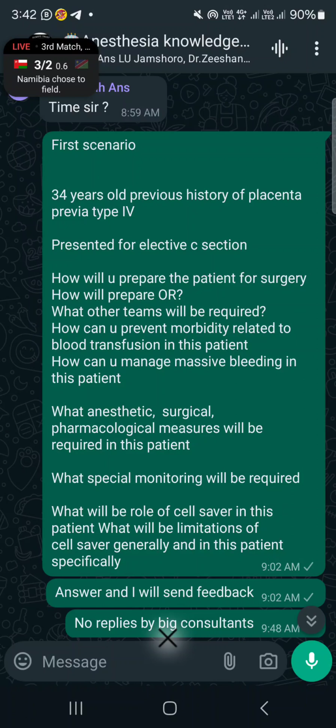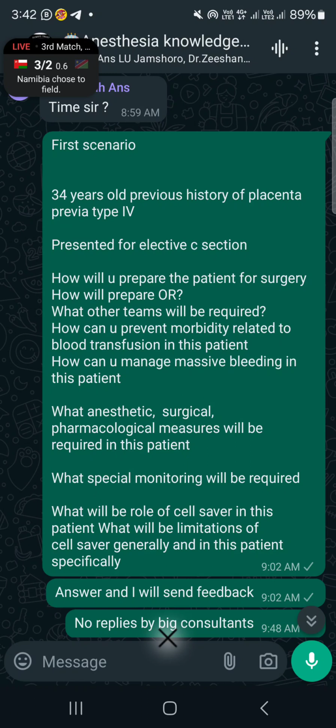So ultrasound or MRI may be needed to diagnose presence of any invasive placenta, and then you will be evaluating the patient in addition to the routine preoperative assessment which we do for any patient coming for anesthesia with reference to any comorbidities and overall systemic analysis, any decompensation, any optimization to be done, but also, specifically here, any coagulation problem and any anemia.